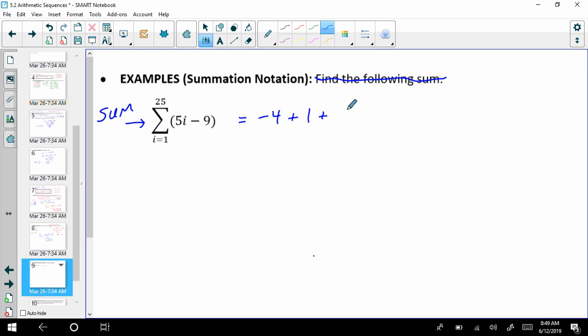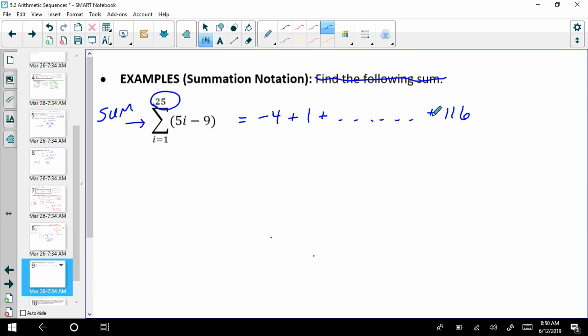Then we put 3 in, and we did that all the way up till the last guy. If I put 25 in, 5 times 25 is 125 minus 9. I really don't want to substitute in 25 numbers and then add them all together. That's going to take forever.